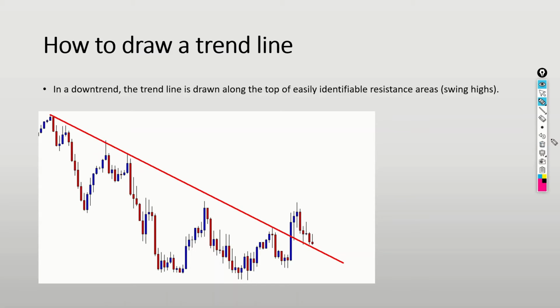But if we are going to draw a downtrend line, we have to connect the major resistance areas, or the swing highs. We have one here, another one here, another one here, and this one, but this is a minor one. Then this one is also major, we have this one, and then this one, according to the current chart that we have.